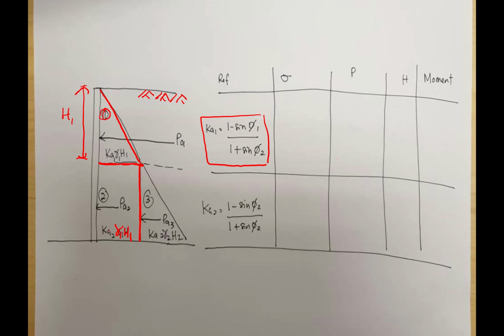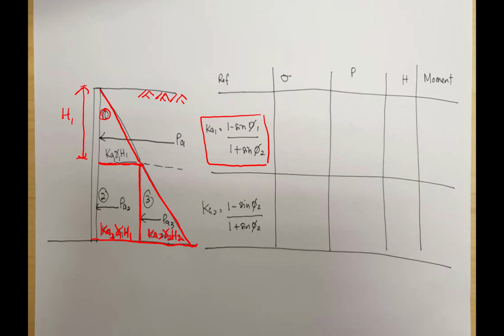But because you have a different layer, you use Ka2, which refers to layer number 2. What you transfer is only the load, and you need to use a different Ka, which is Ka2. So in layer 2, you also have a triangular section to reflect soil layer number 2, and that is Ka2 gamma 2 H2.